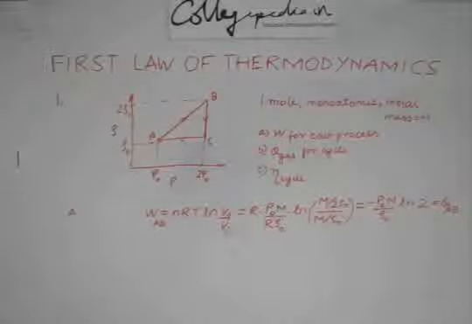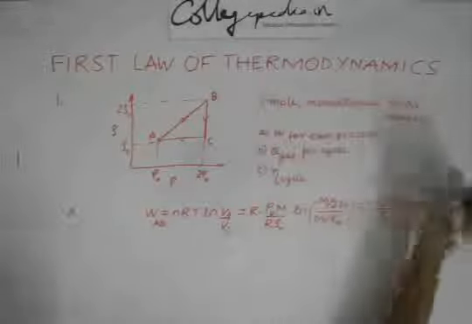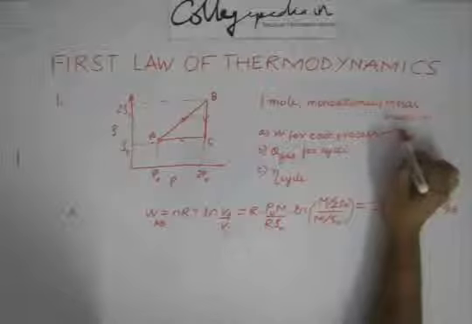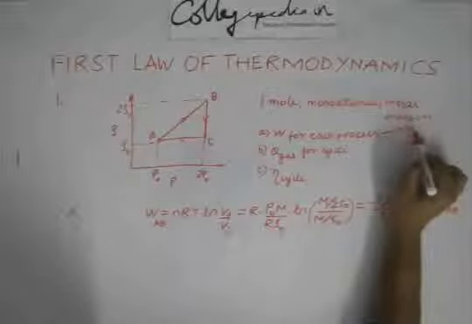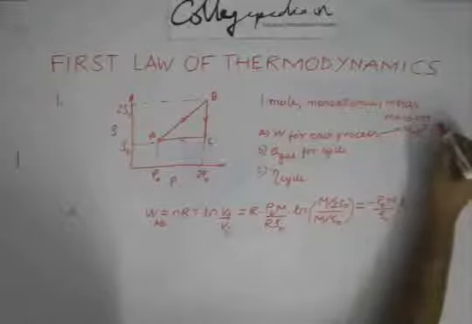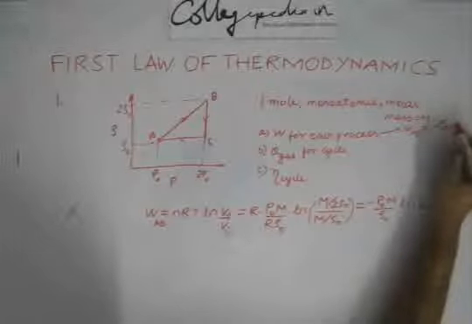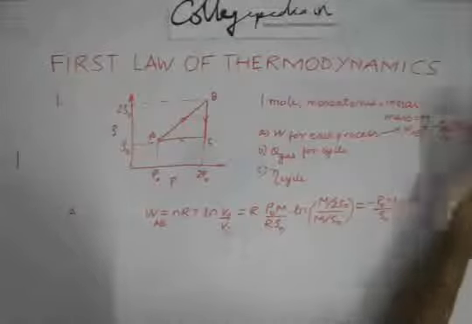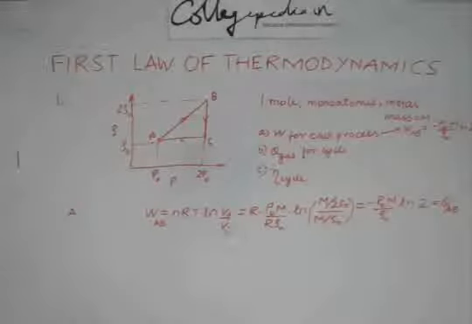So we found WAB to be minus P naught M by rho naught into ln 2. This solves one part of the first part.